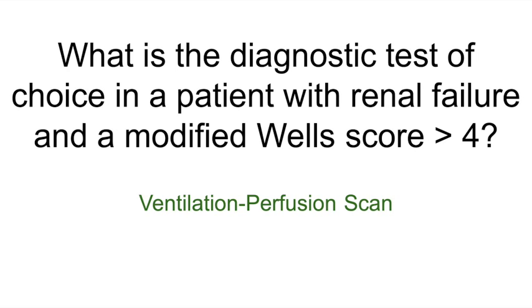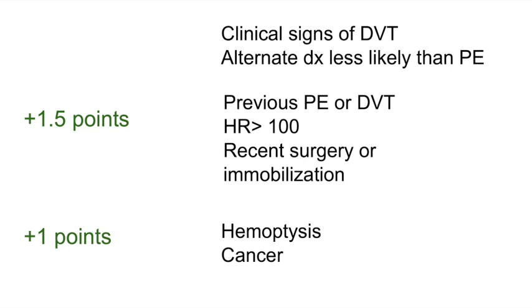So of course you have to know the modified Wells score. Remember that if they have a score greater than 4, then a PE is very likely, while a score of less than 4 is unlikely for a PE. So a patient would be assigned 3 points if they have clinical signs of a DVT, and if an alternate diagnosis is less likely.